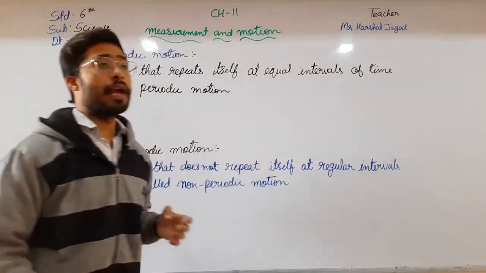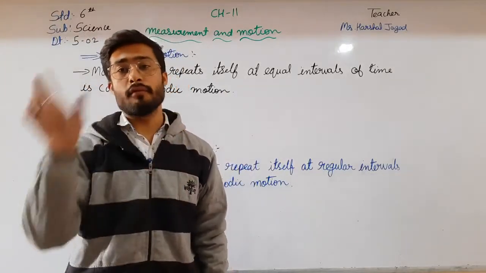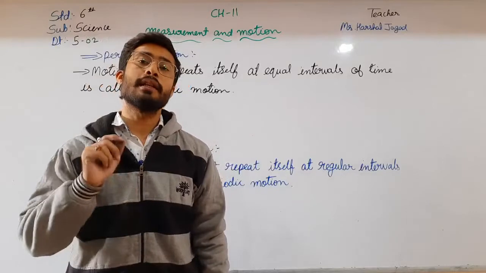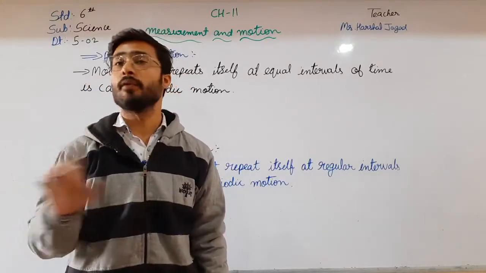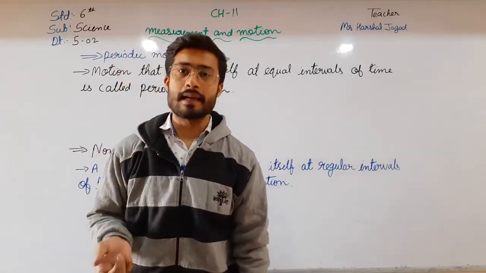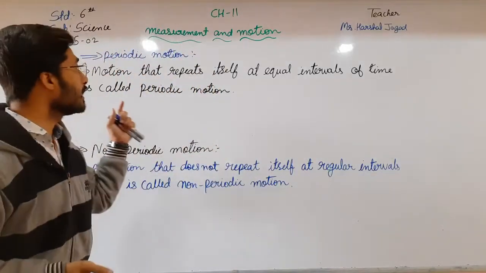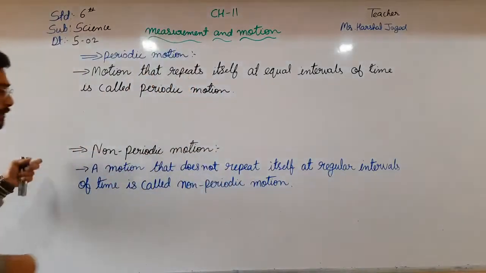And what about the moon? Yes, it will not be there on Amavasya, but it is a time interval, meaning every Amavasya the moon will not be there. It is a periodic cycle only, so it is known as periodic motion.